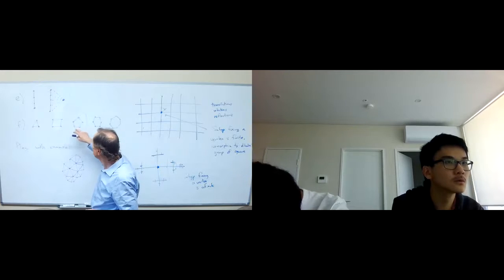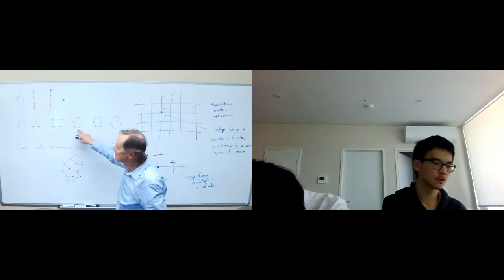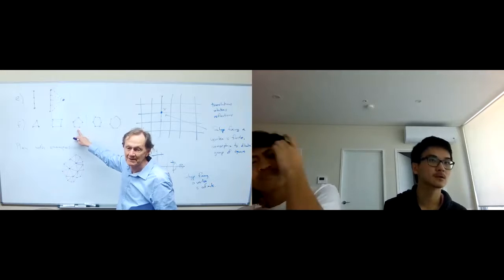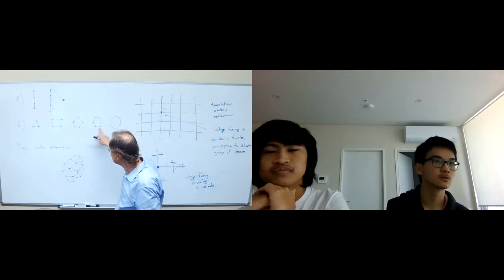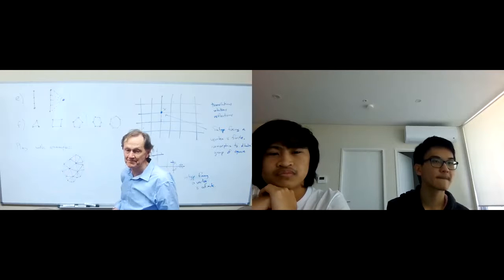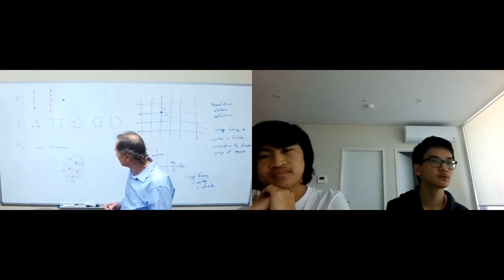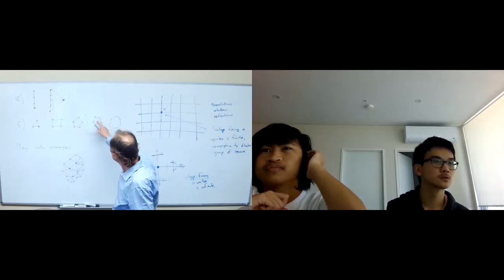So the question now with the pentagon is: is this idea going to work so that we get some tessellation of a plane, or is this going to be forced to close up as well? Now the hexagon does it, we get a tessellation of the plane. The heptagon, it seems we can keep going. But there's going to be a problem, isn't there? Because with the hexagon, we get equilateral triangles.